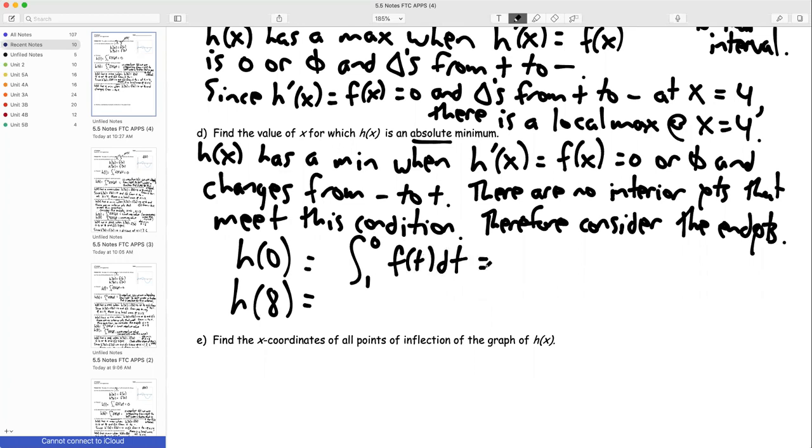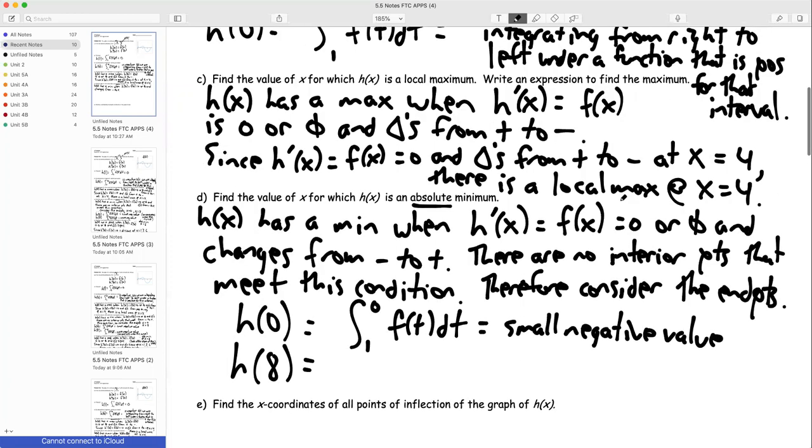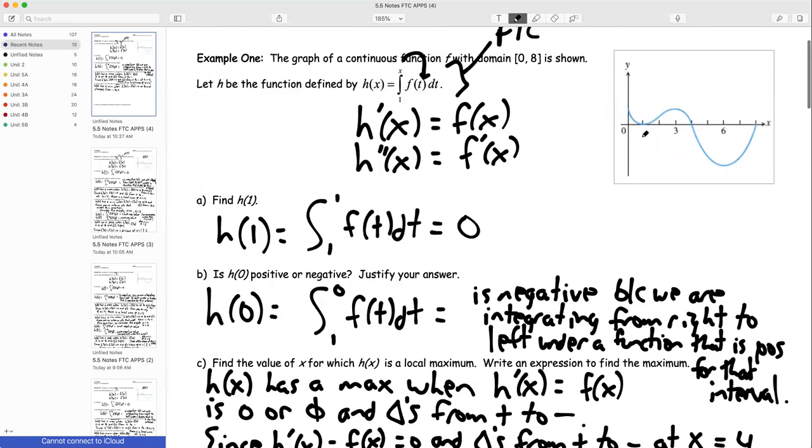And we already looked at this in the previous problem. And we can see that there is a small negative value, so it could potentially be the absolute minimum. However, if we look at the value of h of 8, we start right here at 1, and then this is where the max is because there's a net positive area.